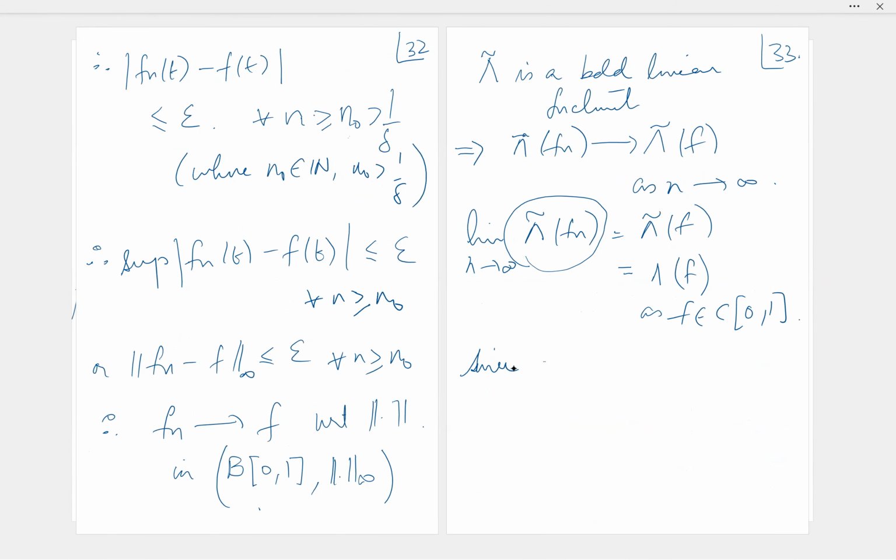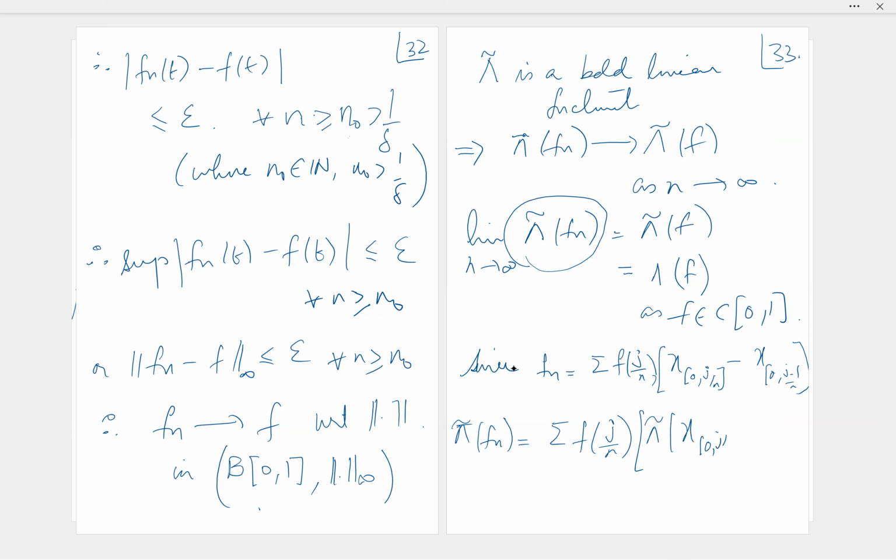since Fn is just this, I am using linearity of delta tilde and then just the definition of alpha. And that is simply this sum.